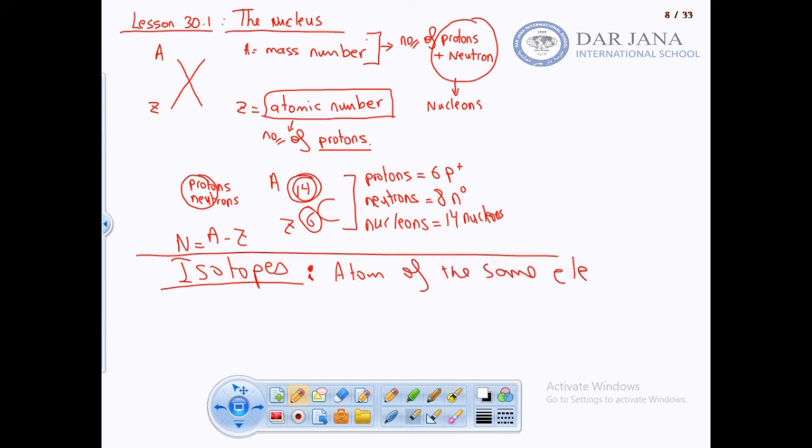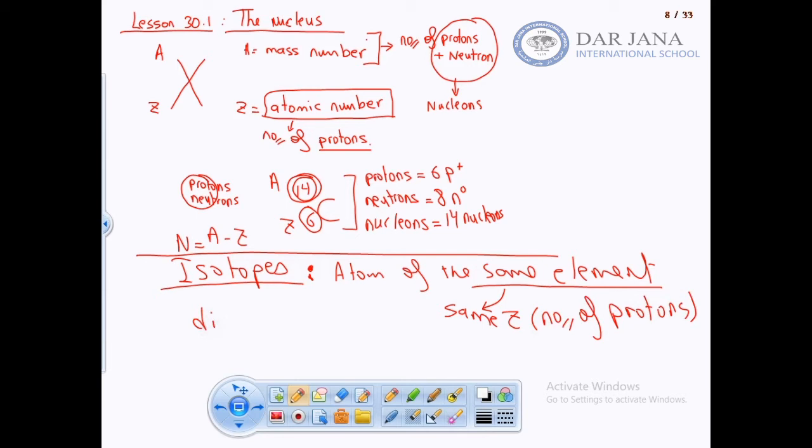When we say same element, we mean same number of protons, same Z. They have a different number of neutrons; they have more or less neutrons or nucleons. The total number inside the nucleus would be different.